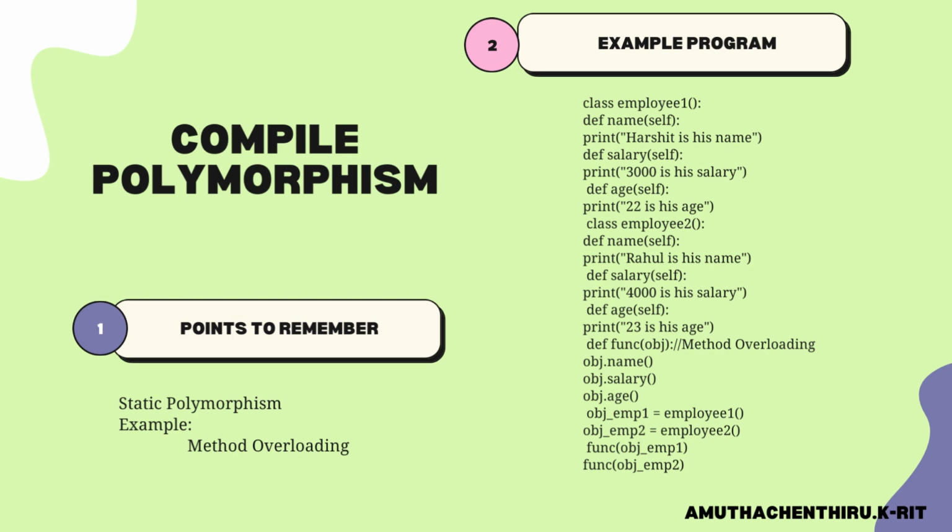Now, the main part: I have created a function with an object as the parameter and it calls all three functions, that is name, age, and salary. Later, I instantiated objects emp1 and emp2 against the two classes and simply called the function. Such a type is called method overloading.